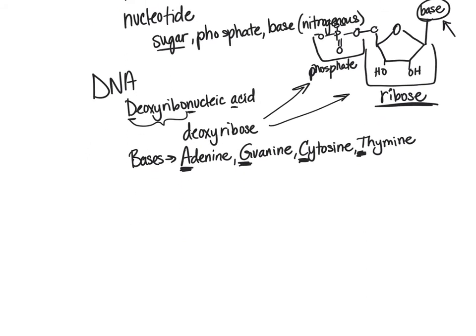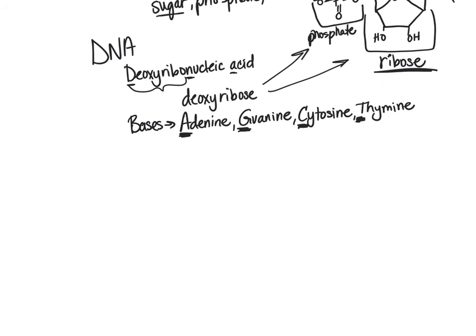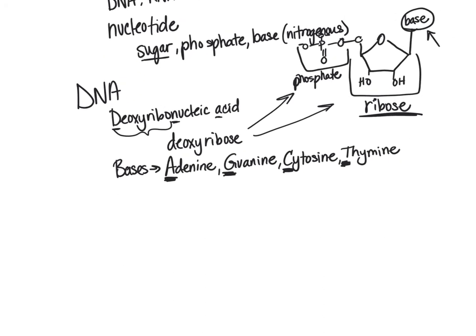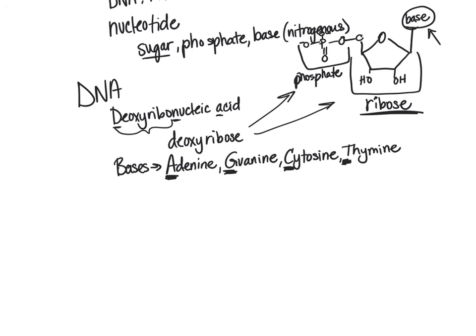Now, if we scroll up here a bit, I still want that illustration to be here. If we take a look at the actual structure of DNA, again, we have our monomer to polymer structure. Our monomer is our nucleotide with our deoxyribose sugar, the phosphate, and one of our nitrogenous bases. And they are going to form bonds.